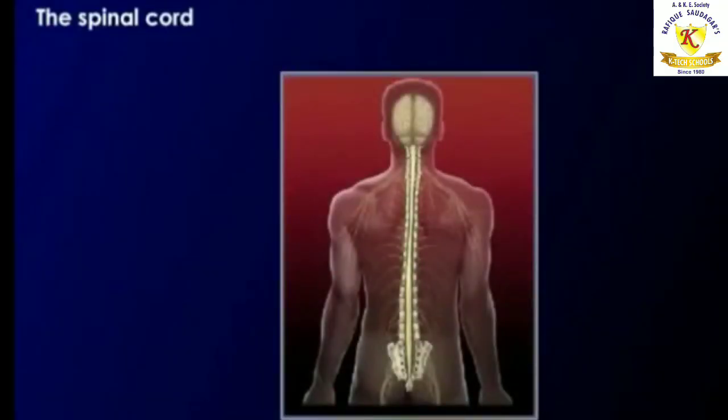The spinal cord. The medulla continues downwards along the back of the body as the spinal cord, which is located inside the backbone. The spinal cord is a well-protected cable through which messages travel up and down.